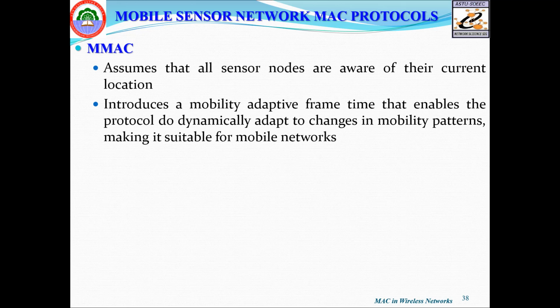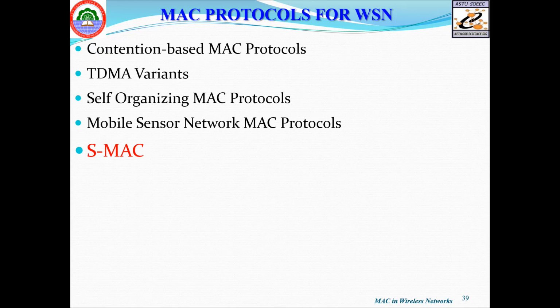MMAC is an example of a mobile sensor network MAC protocol, which assumes that all the sensor nodes are aware of their current location. It may also have an adaptability feature, which enables the protocol to adapt dynamically when any changes occur.